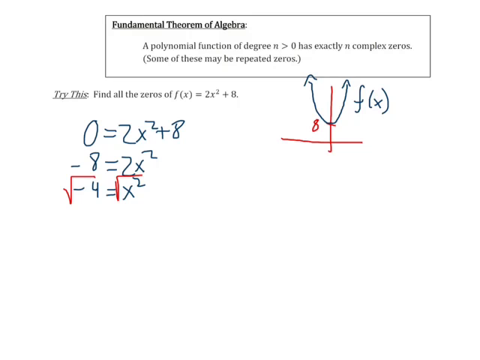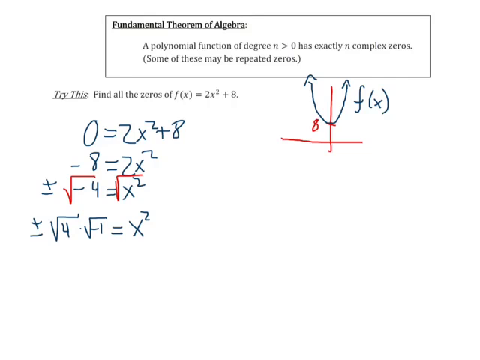Because of our negative, we've got the square root of negative 4. We're going to have to break that up. I'll write it out, even though we don't always write this out, as square root of 4 times square root of negative 1. We're also going to need a plus or minus out here when we take that square root.